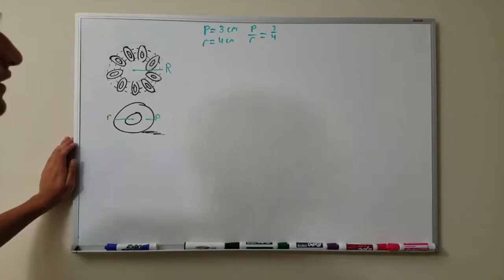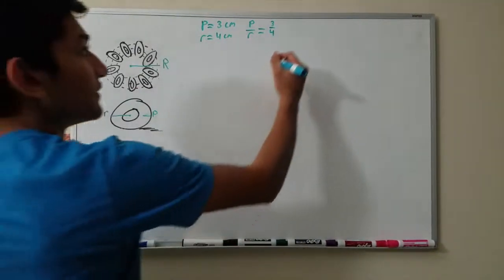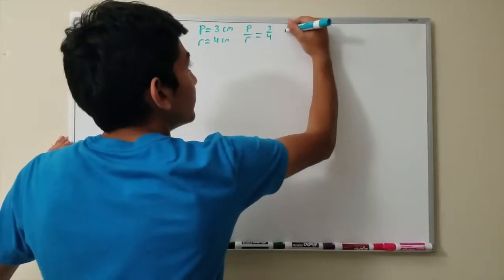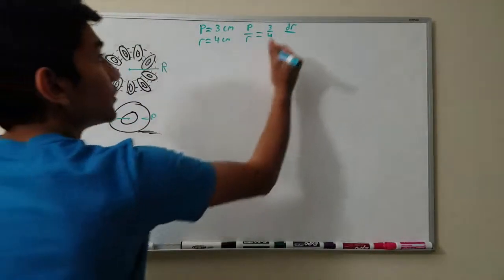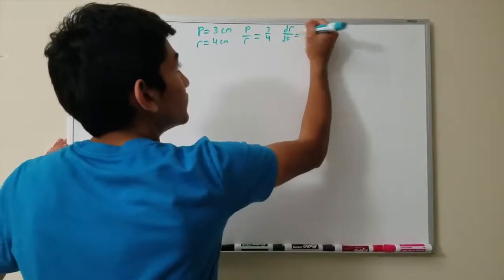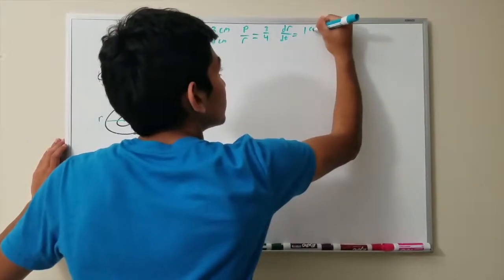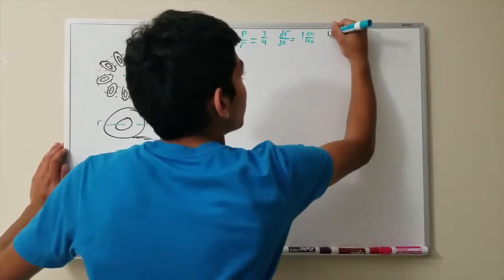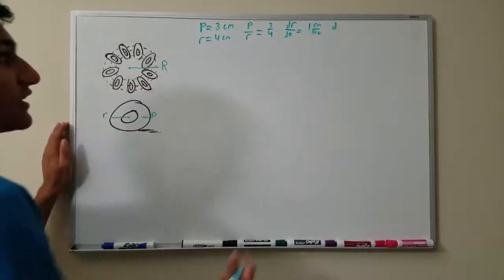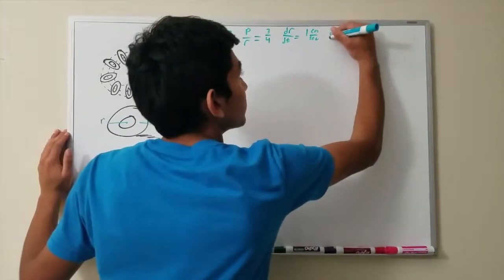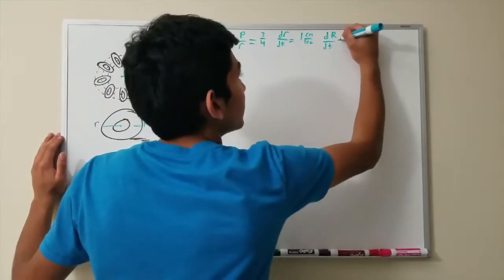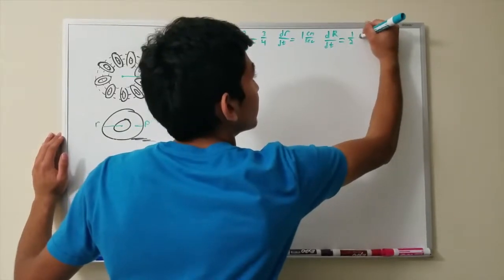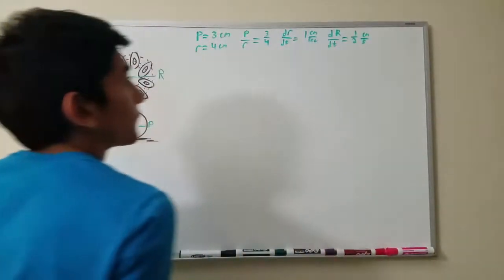Now we also know that the change in the major radius of the base donut with respect to time is equal to 1 centimeter per second. And we also know that the change in the entire ditorus's radius with respect to time is equal to half a centimeter per second.